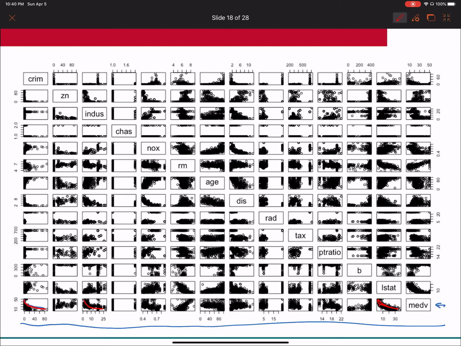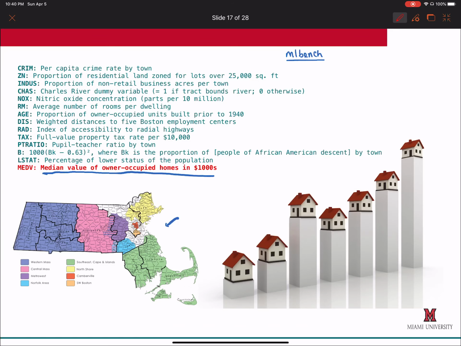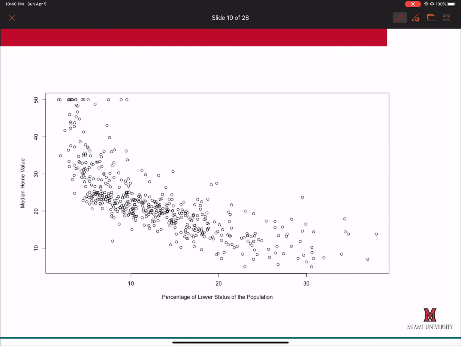So let's look at this here and focus on that one. This LSTAT variable is the percentage of lower status of the population. If we create a scatter plot just of this variable, using it as a predictor, you will see clearly that a linear regression wouldn't do a good job there.